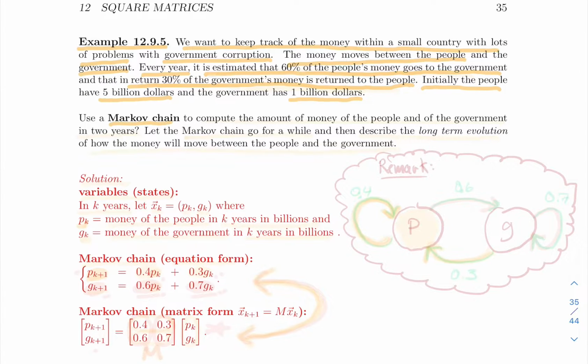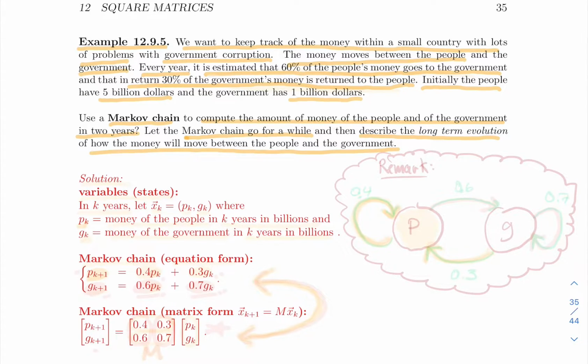We want to use a Markov chain to compute the amount of money of the people and the government in 2 years. And then if we let this Markov chain go for a while, we want to describe where the money is going to go eventually between the people and the government.